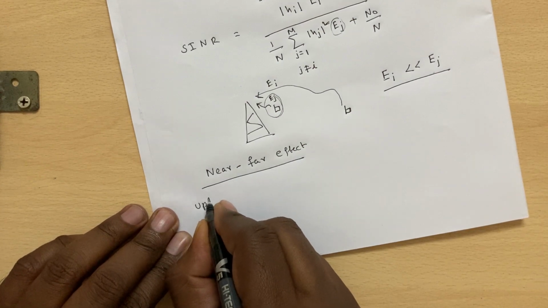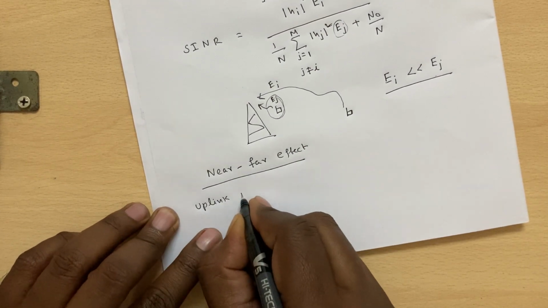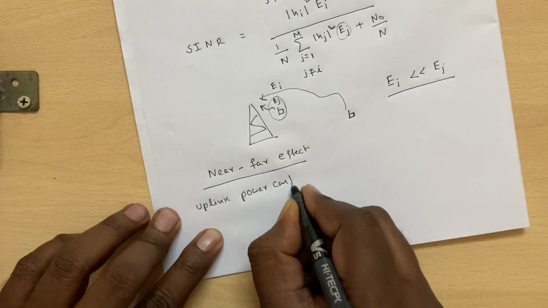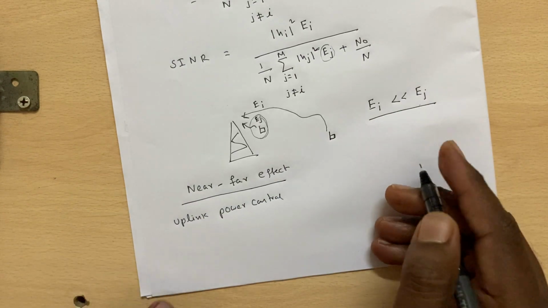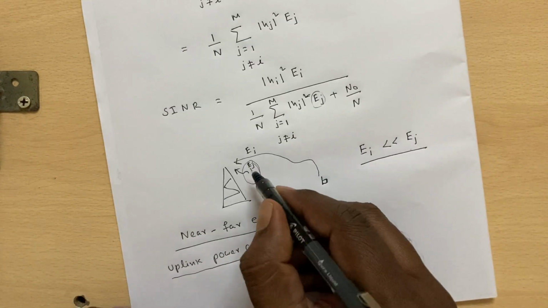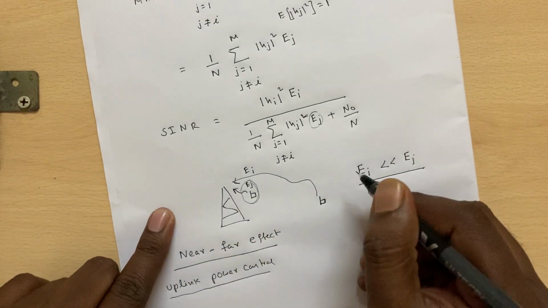So using uplink power control, the base station will command the users to adjust their transmit power level, so that all the received powers arriving at the base station will be equal.